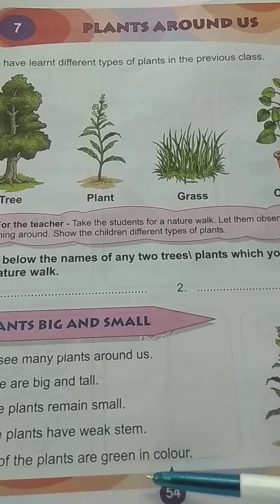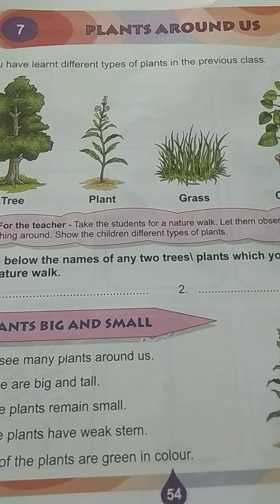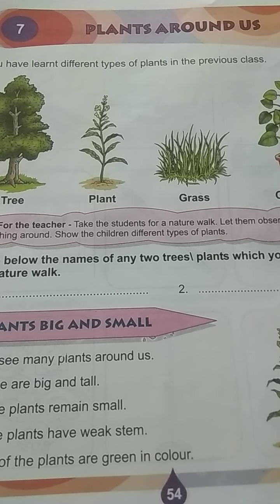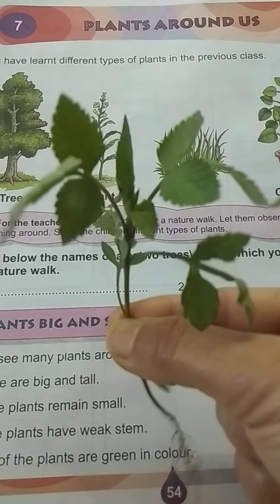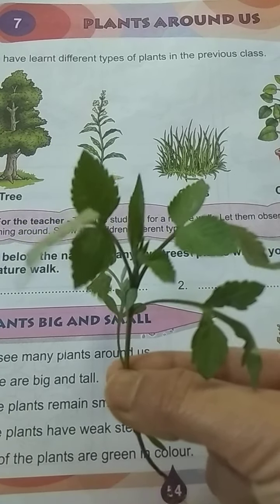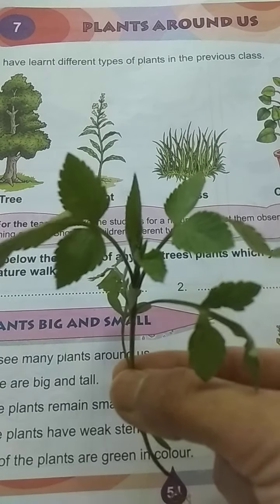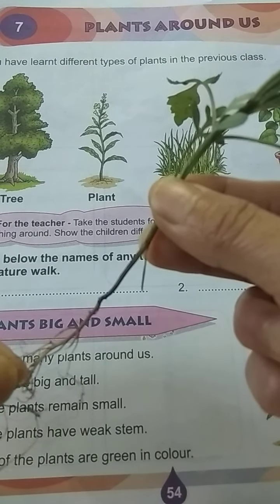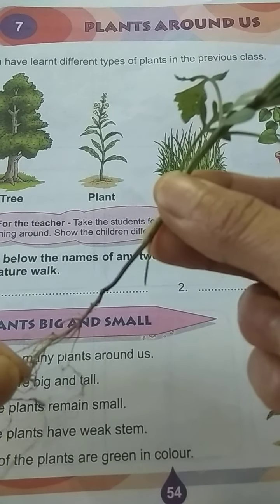So today you are going to observe the plants around or near your house, and you will take one plant from outside and will see the key features of the plant. Let's revise again. What are the key features of the plant? The key features of the plants are the roots, which are always underground.